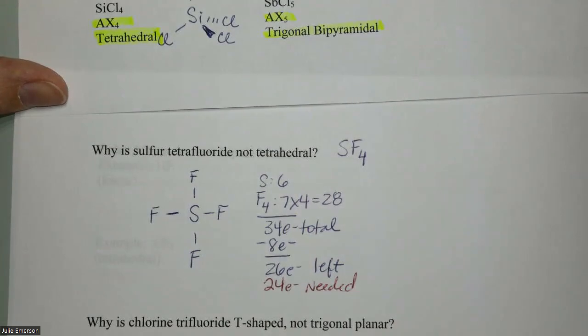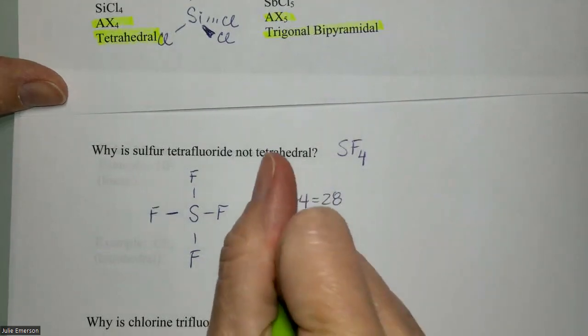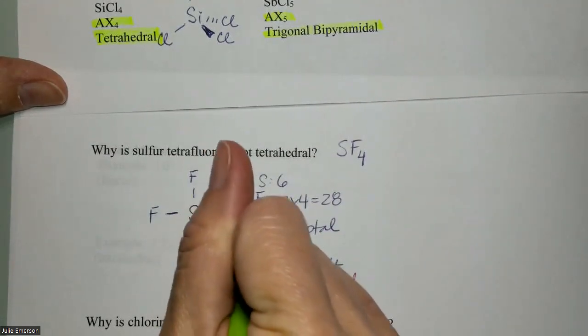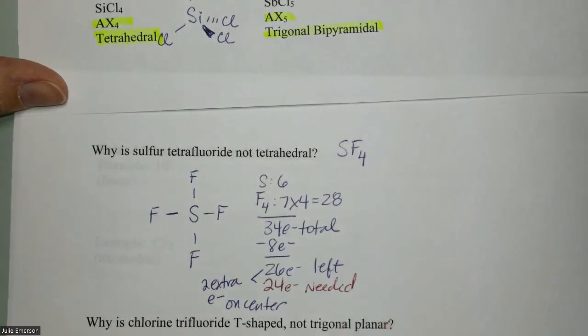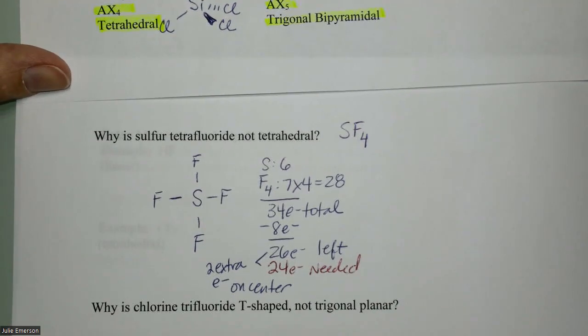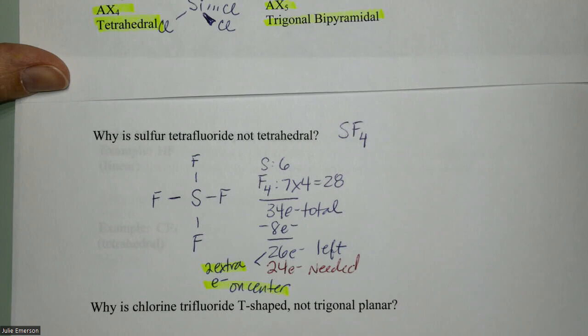And so we did see this back in the last chapter. We've got 2 extra electrons, and those are going to always go on the center. When you have extra electrons, always go on the center element. So this is going to tell us what's going to happen and why it's not tetrahedral.